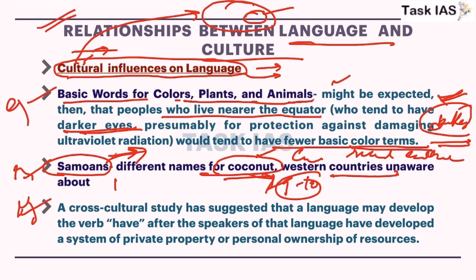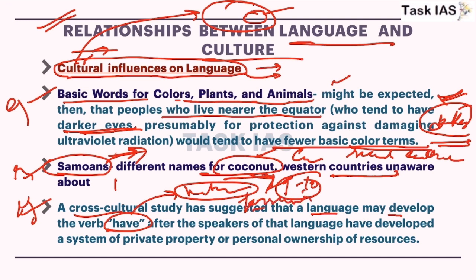Now the third example: cross-cultural study has suggested that language may have the word "have", and in some cultures, for example in modern society, there is a focus on the word "have". For example, that person has a car, that person has an iPhone. It indicates a focus on material objects, more focus on possession.